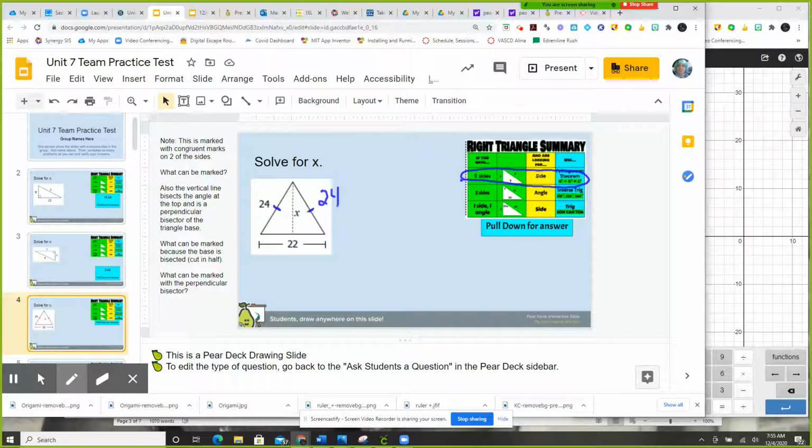24. And if this truly is bisected and we have the right angles that we talked about in our warm-up today, what's the length of this bottom piece of the right triangle? Yes, I'm cheering so loud for you right now. So how do I find x if I know 24 and 11?